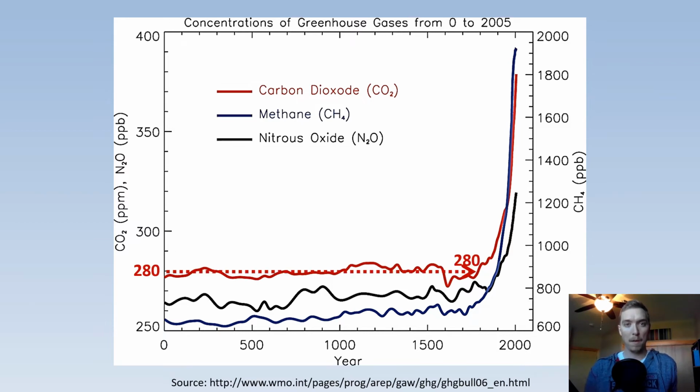So that was where we were in the roughly 1700s, about 280, between 17 and 1800s, right before the start of the Industrial Revolution. And that's where we were in methane, right before the start of the Industrial Revolution.